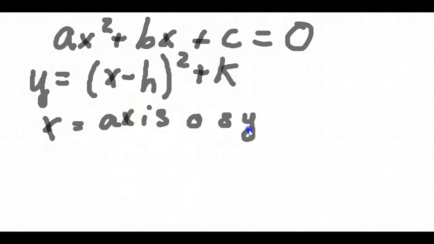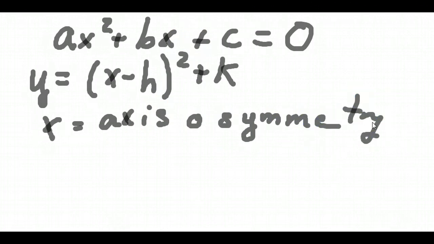If you remember, the axis of symmetry is where on the x-axis you can put a line through your parabola and you can fold it in half and it matches on each side. It's basically how to split it right down the middle.